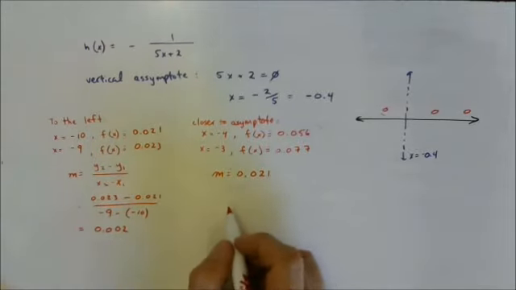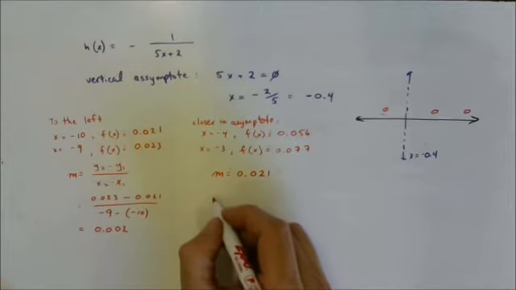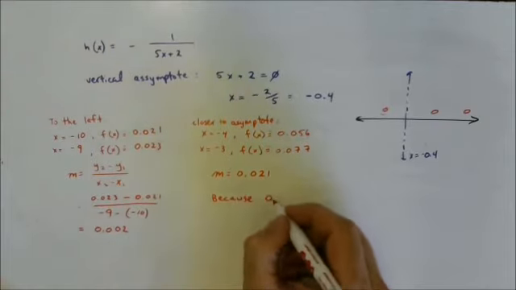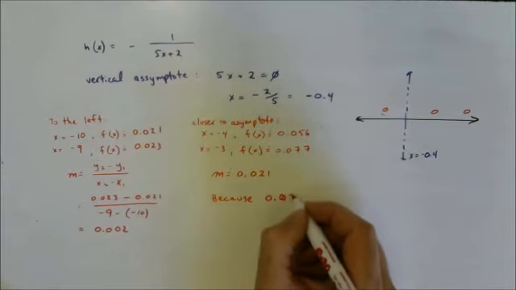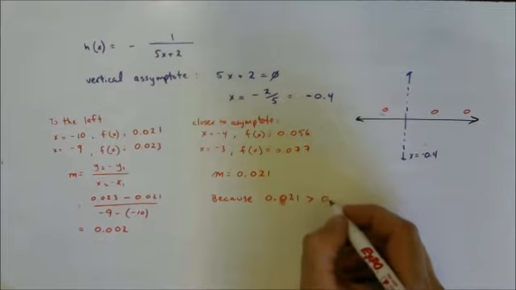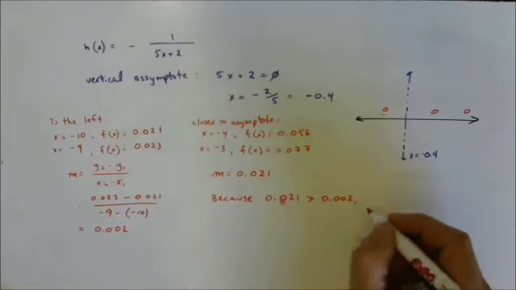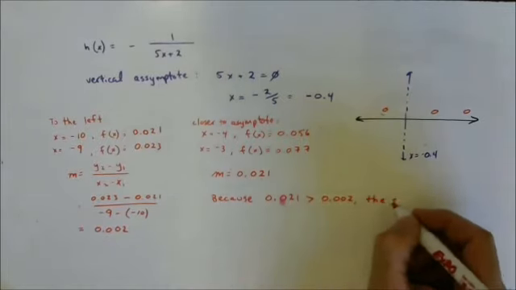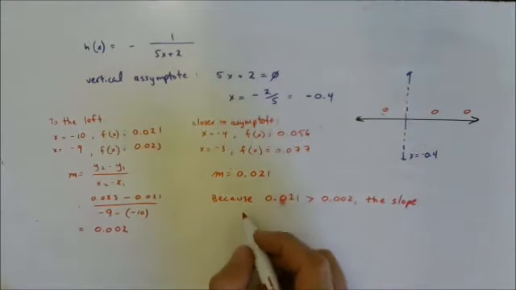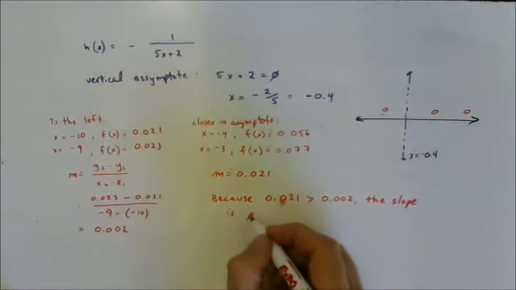So what information do we get from this? Because 0.021 is greater than 0.002, the slope is positive.